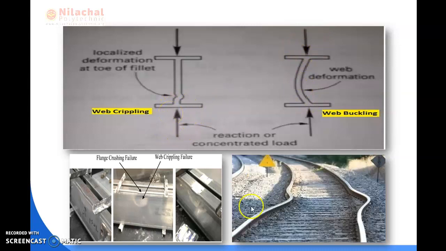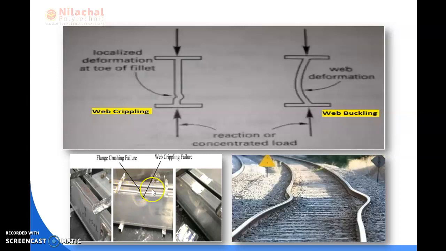Okay. So you can see this is the figure of a rail track where web buckling occurs. You can see this curved section shows the web buckling. And here the dent type section is a failure due to web crippling in the case of an I section.